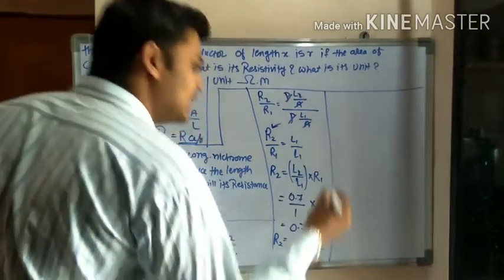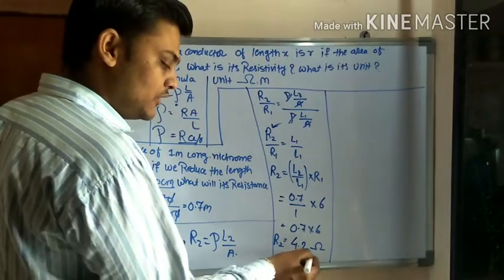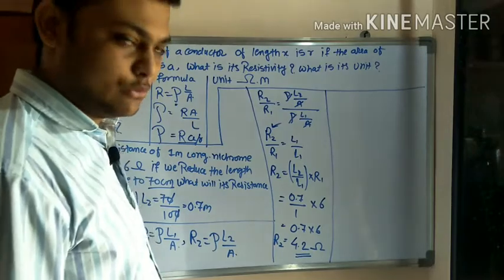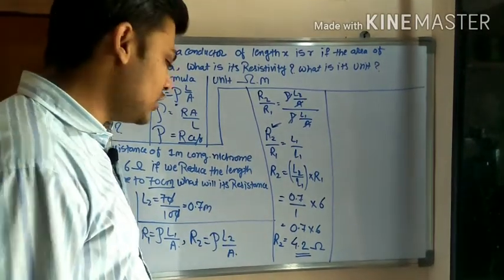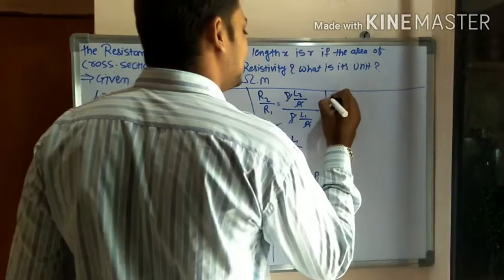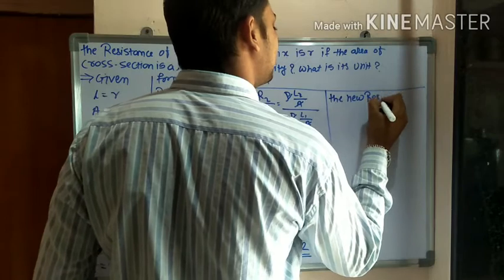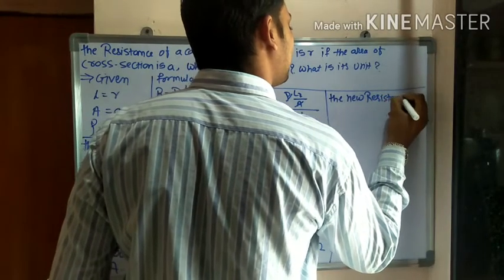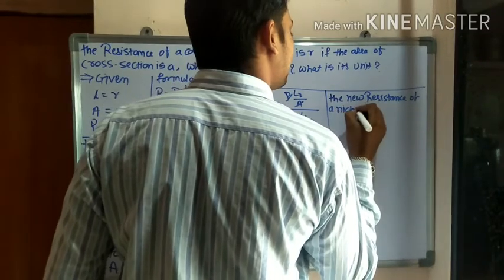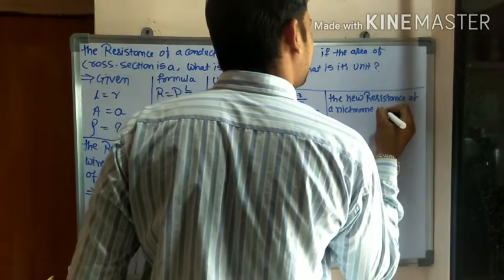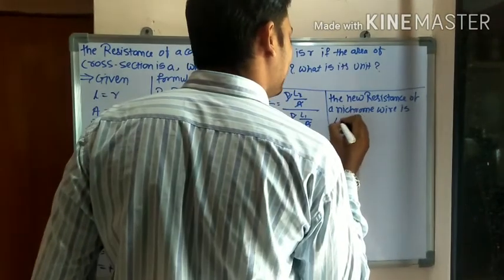Here we can clearly write down the conclusion. The answer is 4.2 ohm, because 7 sixes are 42, and one decimal place is there, so after one digit we place the dot. So the conclusion is, the new resistance of the nichrome wire is 4.2 ohm.